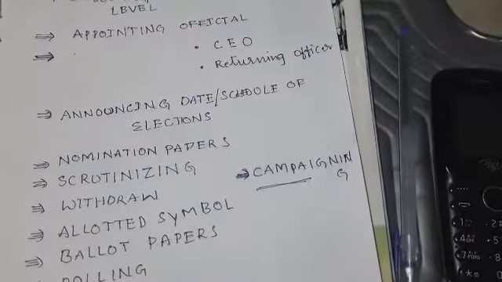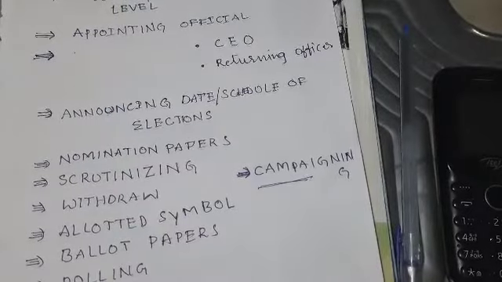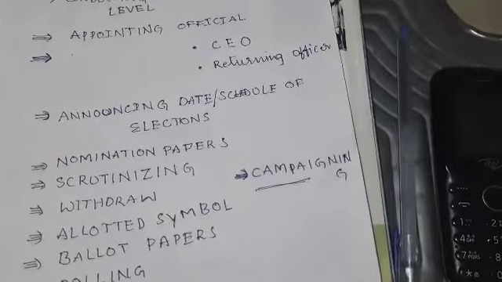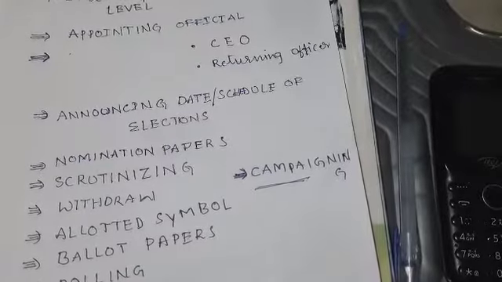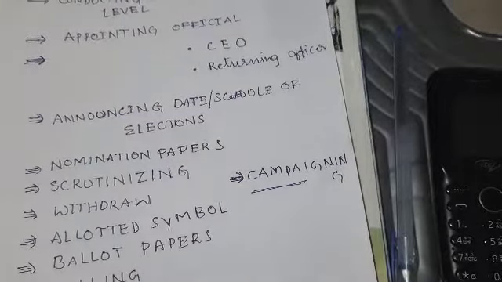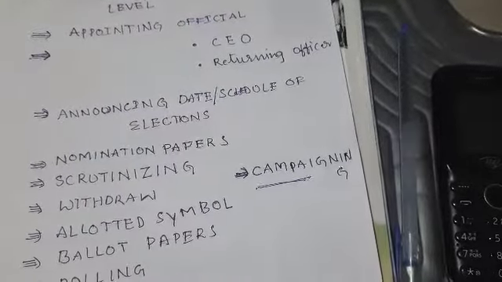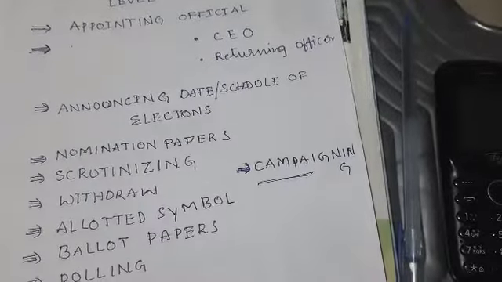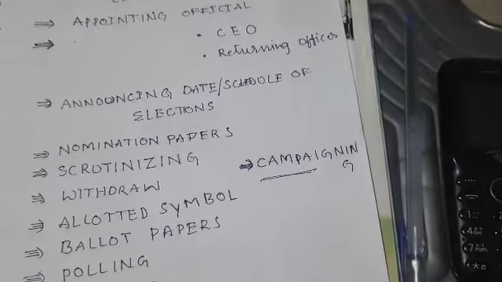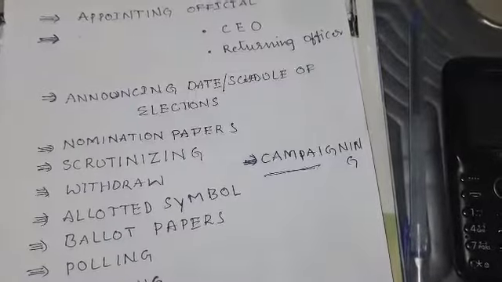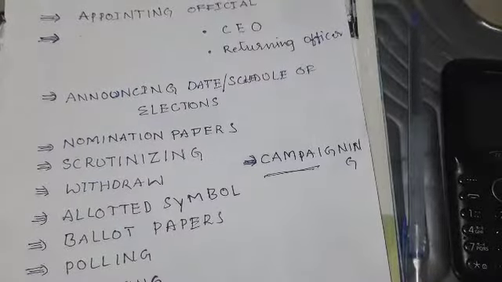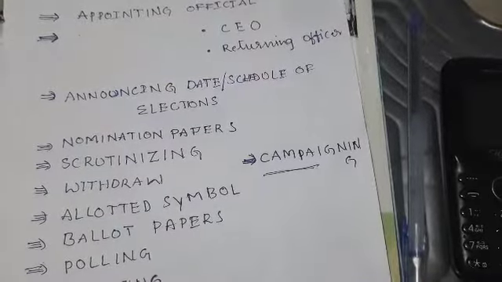Nomination papers are nothing but details of the person who is going to contest in the election, the candidate's biodata. A particular date will be given for the nomination papers.